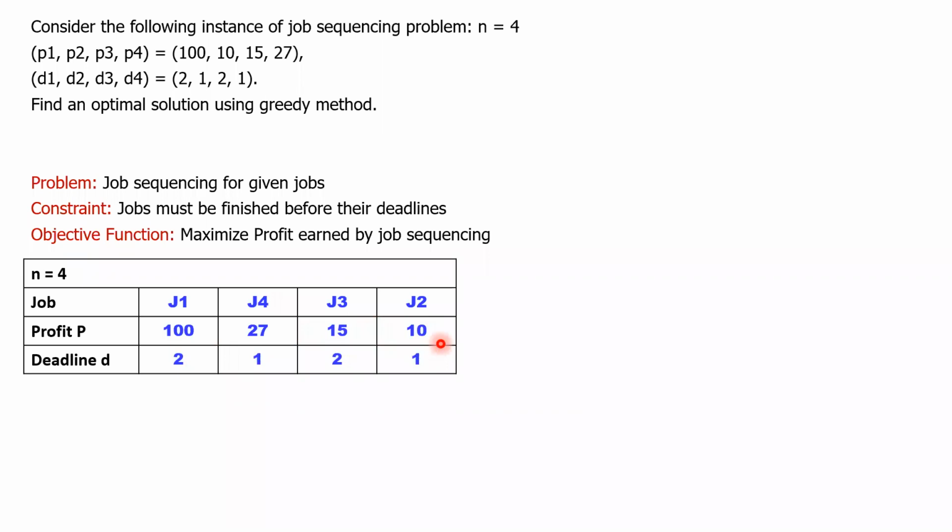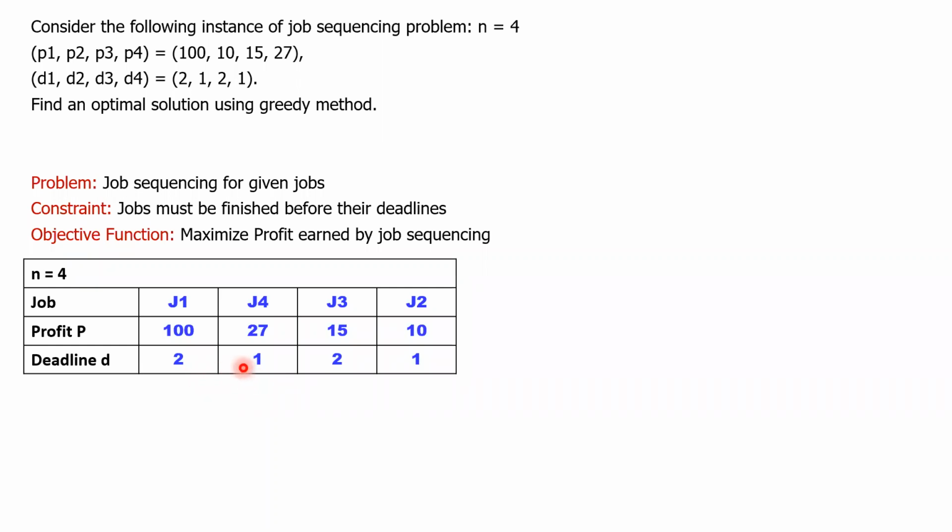Now I'll have to schedule. There might be different possibilities of schedules. Now, can I schedule all the jobs? That's the first factor you have to determine. Can I schedule all the 4 jobs for completion and earn all the 4 profits? Is it possible? For that, you'll have to check the deadlines of the jobs. For job 1, deadline is 2.